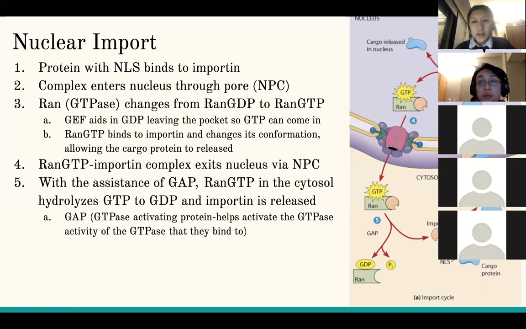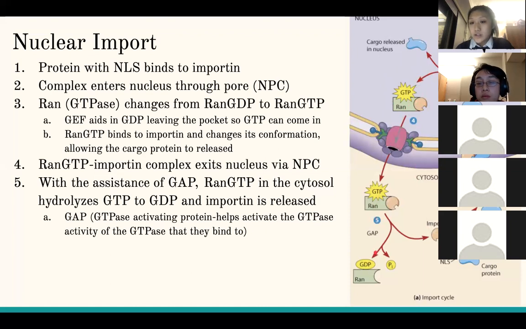Can you guys see where my laser is? Okay, cool. It causes a conformational shift here, and it lets go of that cargo protein. So now it's done its job. The protein is inside the nucleus where it needs to be. But in order for the cycle to continue, you need importin to come back out somehow. So that's when RAN GTP takes the importin back through the NPC pore.